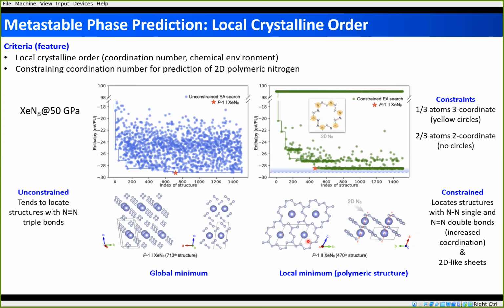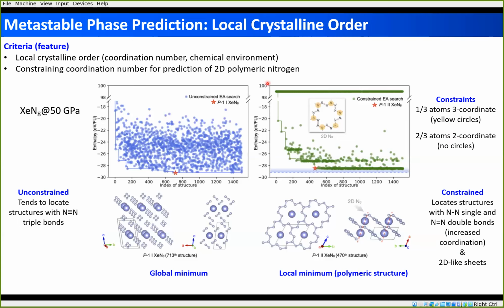So in it, you have xenon that is kind of put into this kind of a macrocycle type looking nitrogen ring type system. And if we induce constraints on our crystal structure search, where the yellow circles, these are 3-coordinate nitrogen atoms, and the nitrogen atoms that do not have circles around them are 2-coordinate.